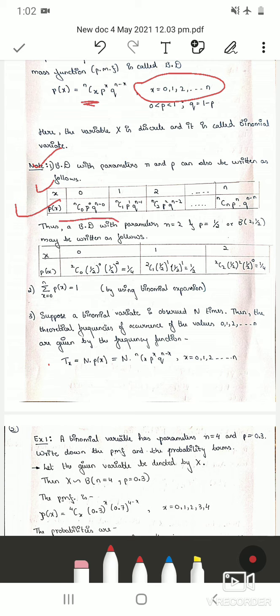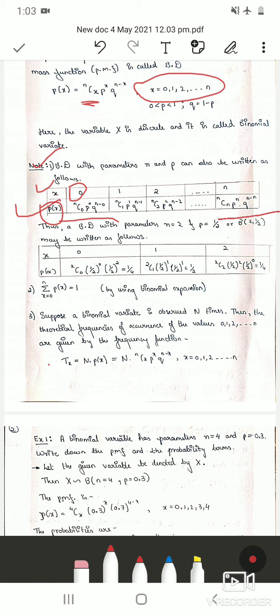So that is written over here. When x is 0, the PMF, that is p of x, in place of x we will put 0. So it will be nC0 p raised to 0 q raised to n minus 0. Similarly when x is 1, then p of x will be nC1 p raised to 1 q raised to n minus 1, and so on till n. So here the last term is x equal to n.